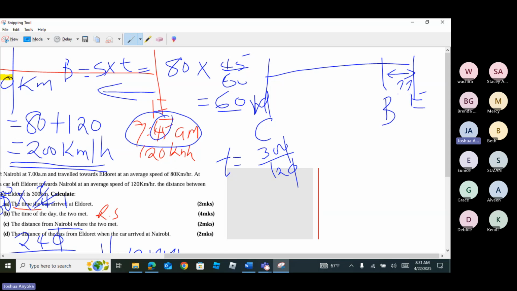So 300 divided by 120, we have 15 by 2, so 2.5 hours.